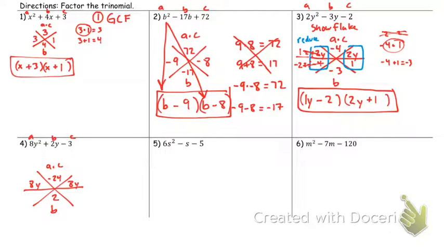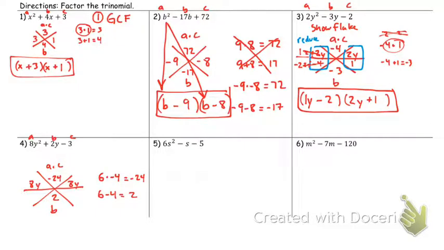Now we got to figure out what multiplies to negative 24 that adds up to 2. We're going to go a little faster because I already know the answer. It's going to be 6 times negative 4. That gives me negative 24, and 6 and negative 4 give me positive 2.